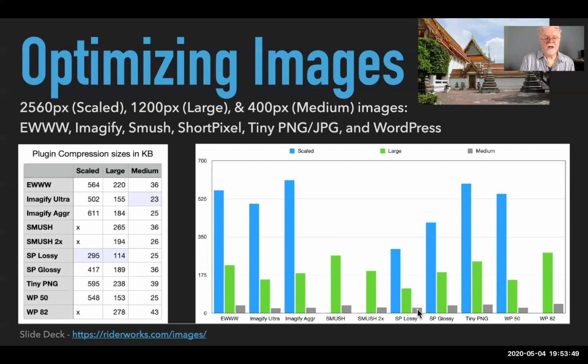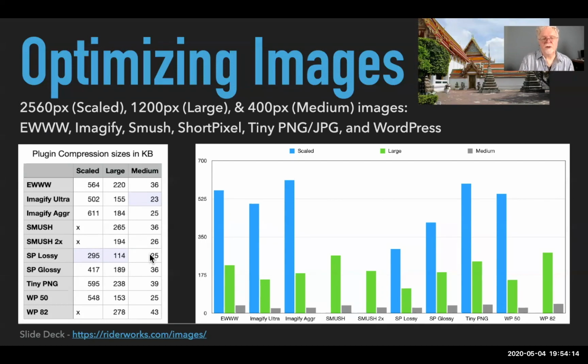But the one takeaway that you can look at is you can see the big difference in what's happening on the larger images, in the scaled images. On the large images, you still see some big differences. ShortPixel still did the best in regard to file size. But when it gets down to the medium, nobody really cares because you're only working with maybe 5 to 10 kilobytes, which is nothing.